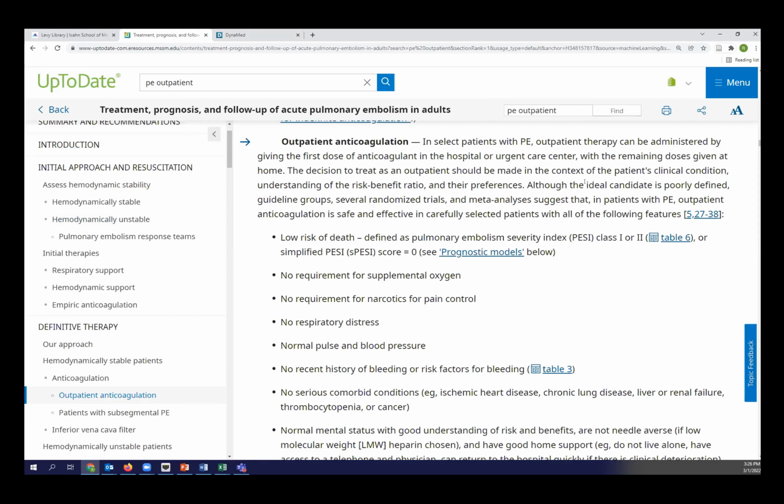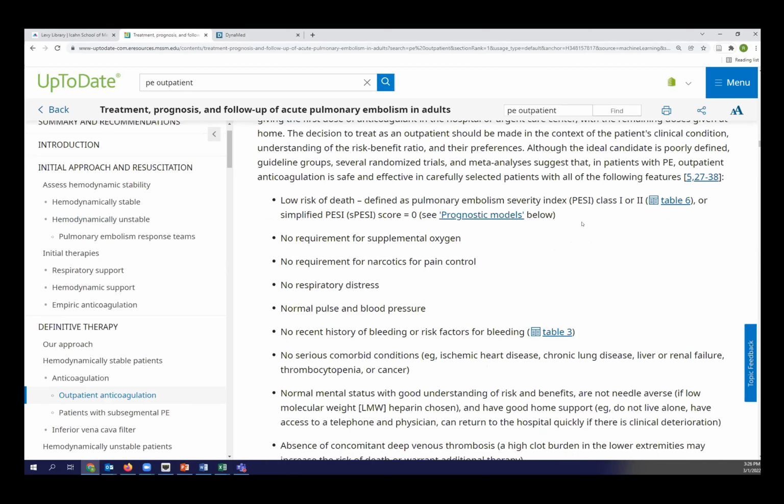They go on to say, although the ideal candidate is poorly defined, guideline groups, RCTs, and meta-analysis suggest that in patients with PE, outpatient anticoagulation is safe and effective in carefully selected patients with all of the following features. So as a clinician, I can start to run through this.